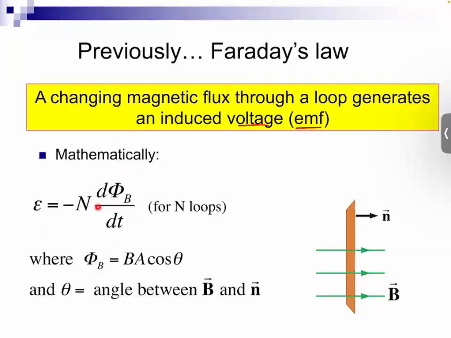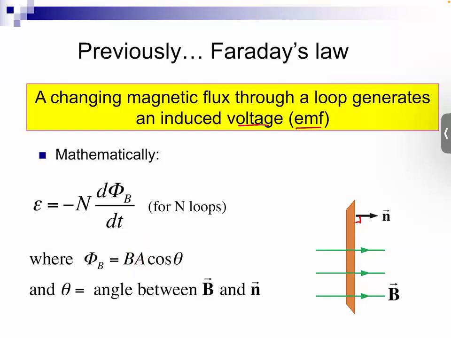Faraday's law is this equation here, which says that if the flux phi sub B changes with time, then voltage is generated. And flux, we define as the magnetic field times the area times the cosine of the angle between the magnetic field and a vector that is normal or perpendicular to the surface whose area is A.